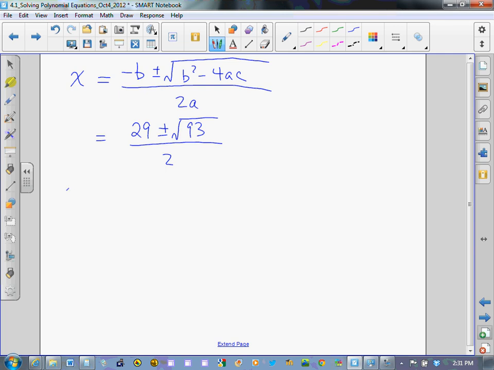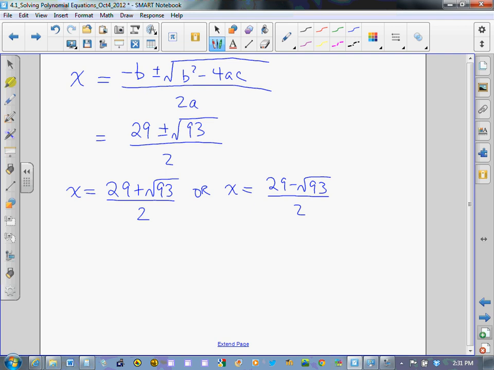So what that means is we have 2 cases: x could be equal to 29 plus root 93 over 2, or the other root would be 29 minus the root of 93 over 2.